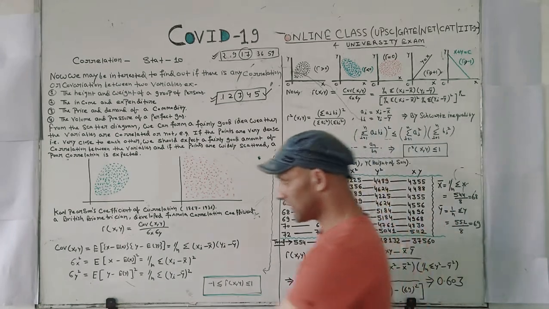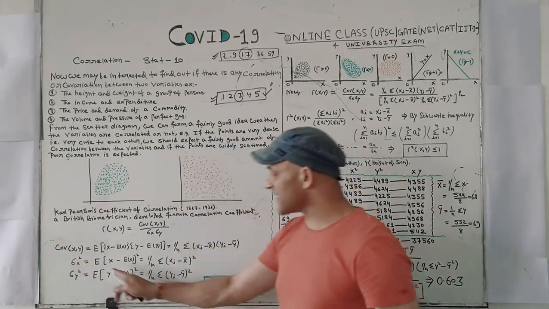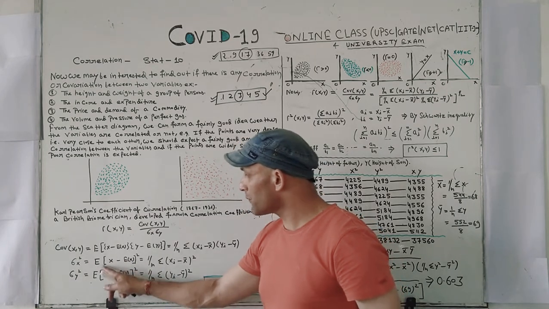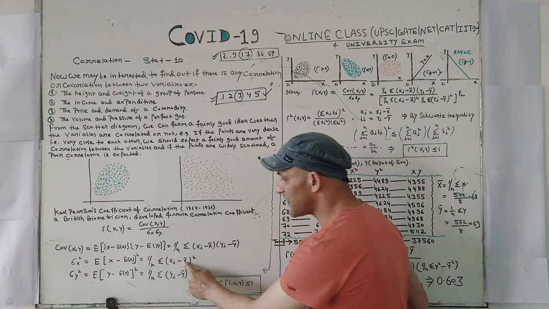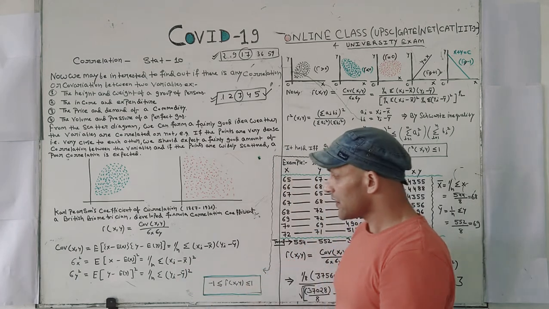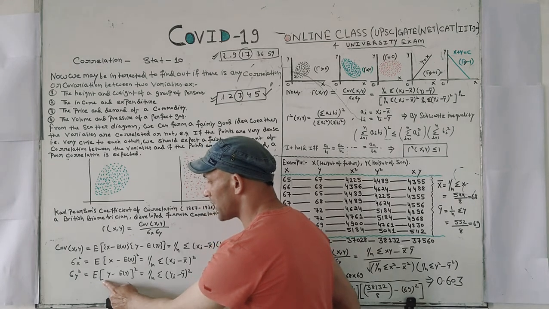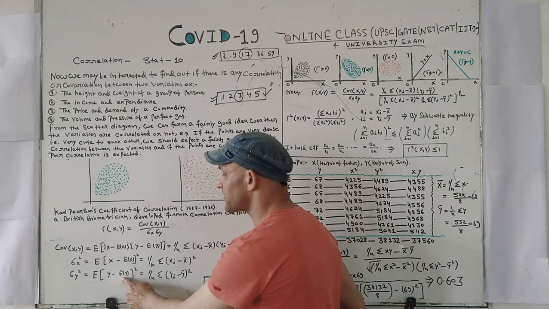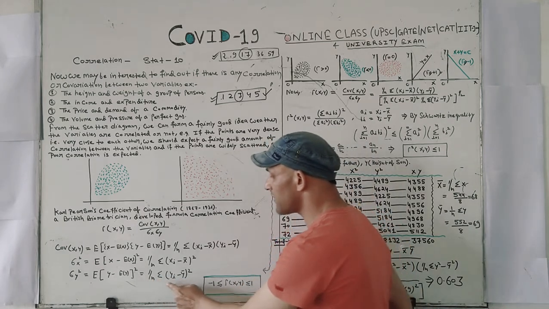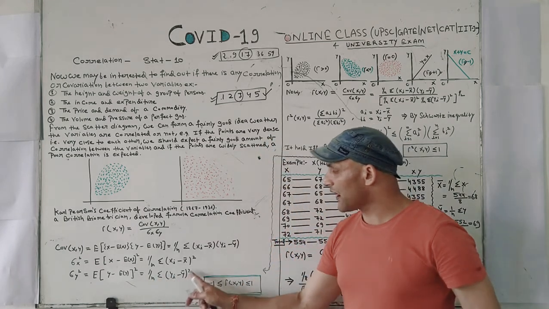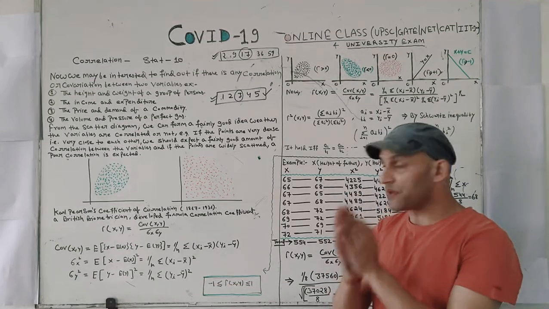Now sigma x square is equal to expected value of (x minus expected value of x) whole square, which is 1 upon n sigma (xi minus x bar) whole square, and sigma y square is equal to expected value of (y minus expected value of y) whole square, which is 1 upon n sigma (yi minus y bar) whole square. Here x bar and y bar are the means.